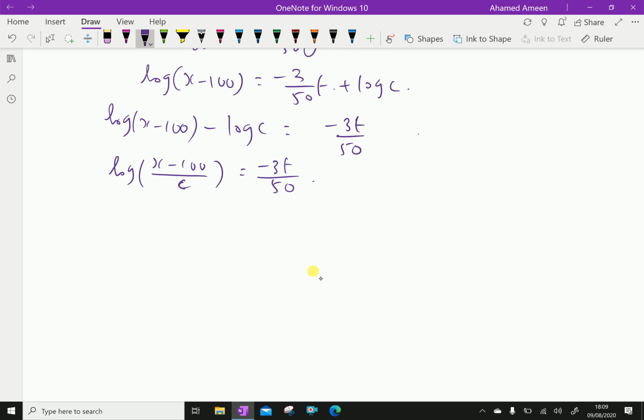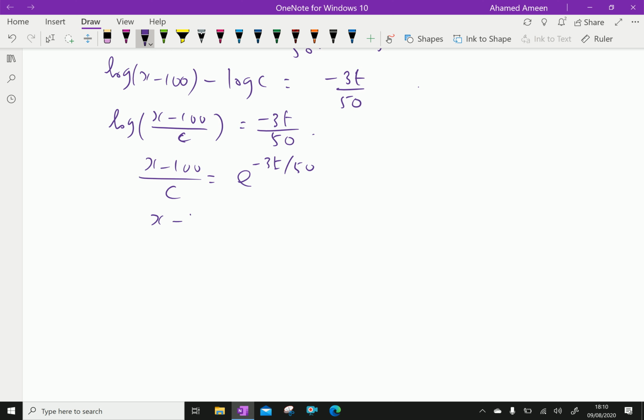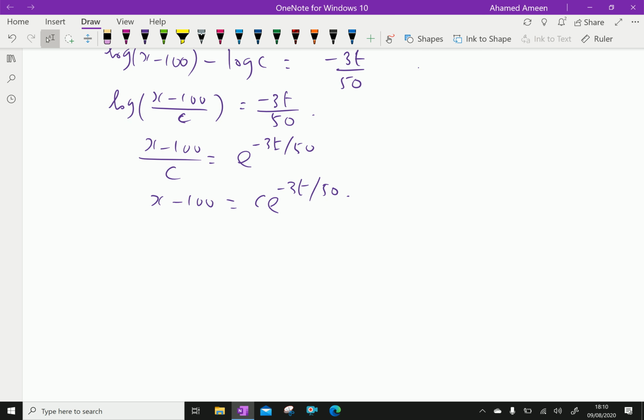So e power log of x minus 100 over c is x minus 100 over c, equal to e power minus 3t over 50. Therefore x minus 100 equals c e power minus 3t over 50.